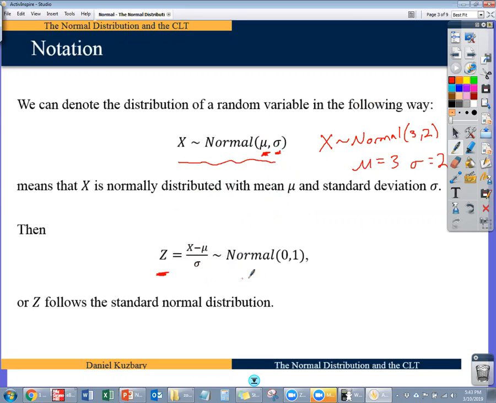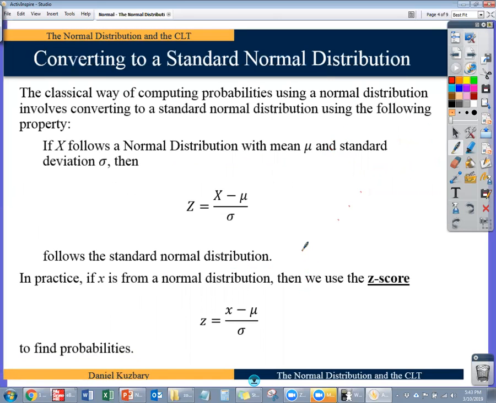So if you have something that's normal already with mean mu and standard deviation sigma, you subtract mu, divide by sigma, and you have something that's standard normal, that we can call Z because it's standard normal. What that means is we can convert from any normal distribution to a standard normal distribution simply by subtracting the mean and dividing by sigma. And that's how we're going to end up doing probabilities.